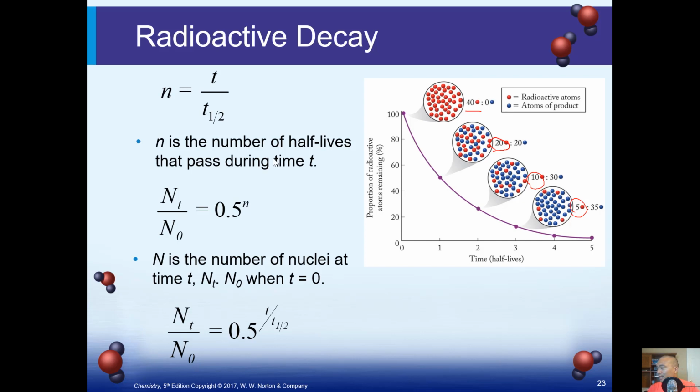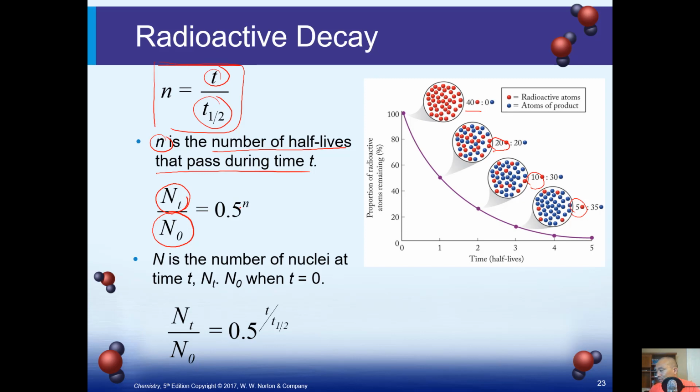The number of half-lives that have passed, n, can be calculated as the time that has passed, t, over the half-life. The fraction of radionuclides that remain can be calculated from the number of nuclei at time t and at the initial time.